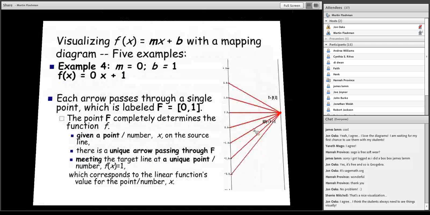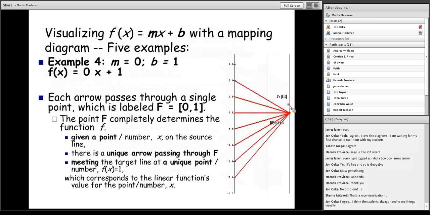Here's an interesting one that students have a lot of trouble with in graphing, because we know that the graph of the constant function f of x equals 1 is going to be a horizontal line. But you think, well, gee, the points in that line are moving. The points in the line are different, but the point in the target is the same. This is a really great way to think about a constant function.